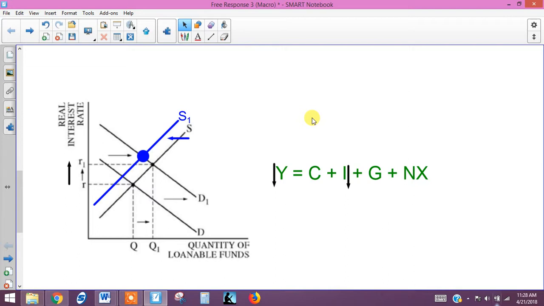So for example, if you had a project that you thought was going to have a return of, say, 6% on what you invested in it, and the cost of capital was 4%, then that would be worth it, because the cost would be less than the gain.